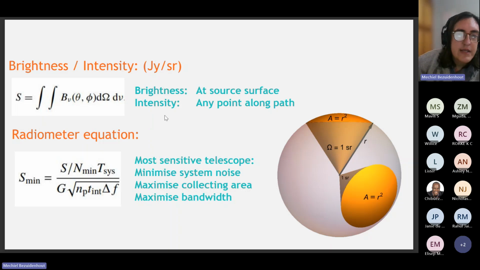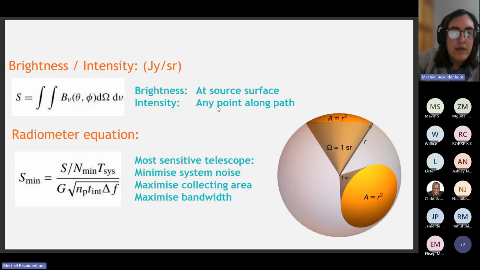The brightness or intensity of a source: to get the flux, you have to integrate the brightness or intensity over a solid angle and over a frequency range. So it's measured in Jansky per steradian.